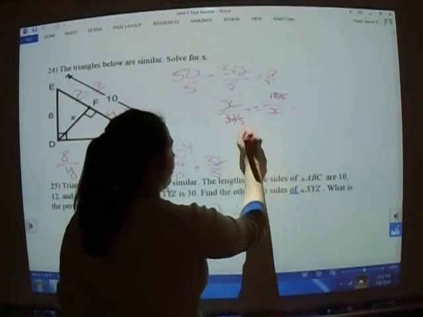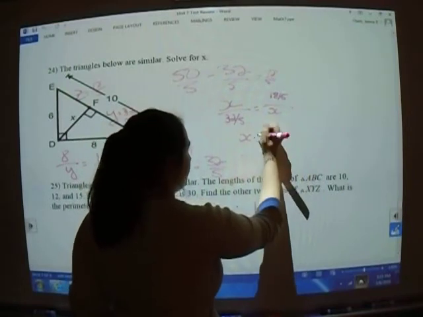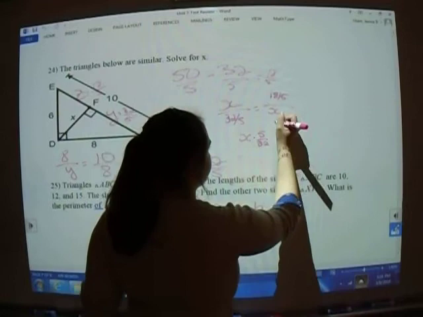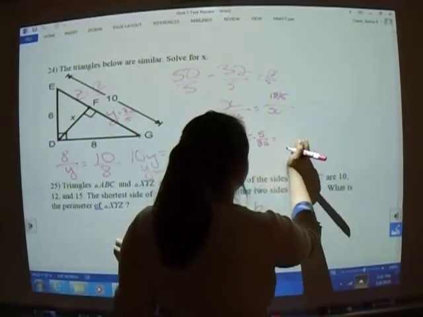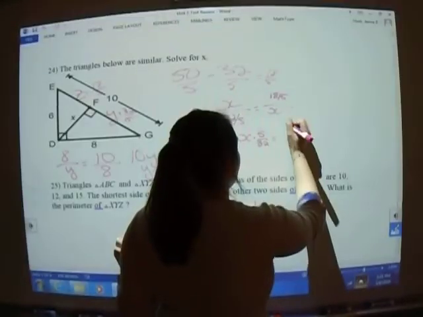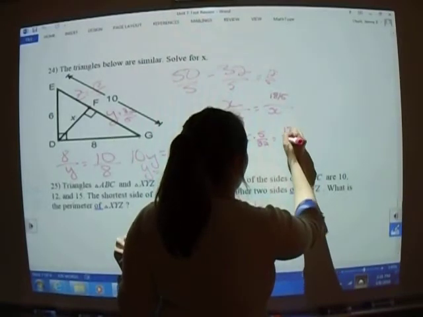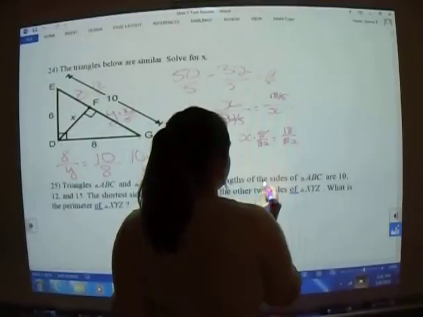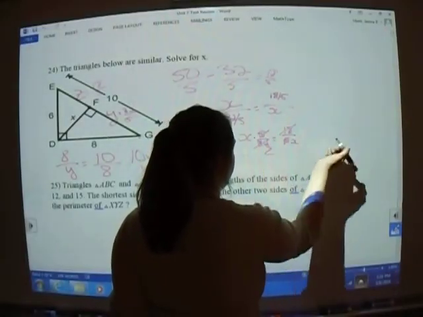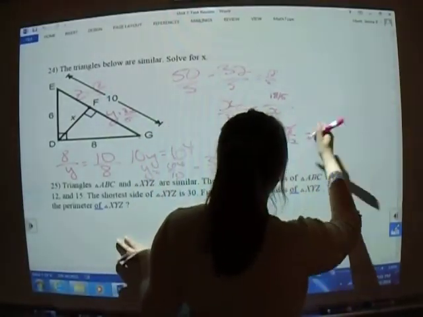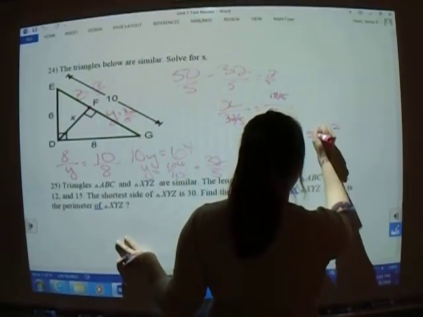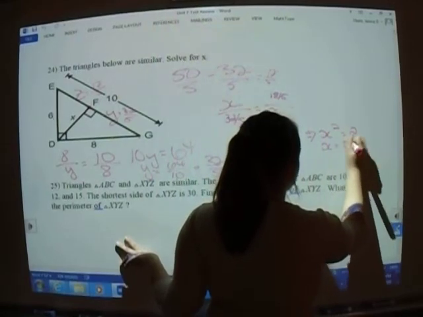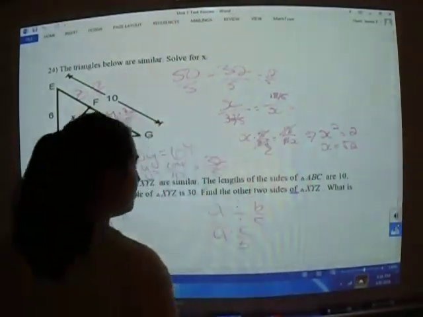Okay, so we get x times 5 over 32, right, equals 18 over 5x. Those cancel. This cancels and makes us 2, so we get x squared equals 2. So x equals the square root of 2.